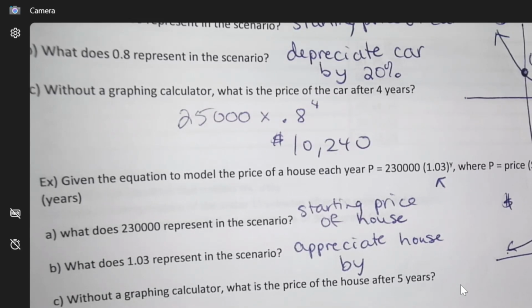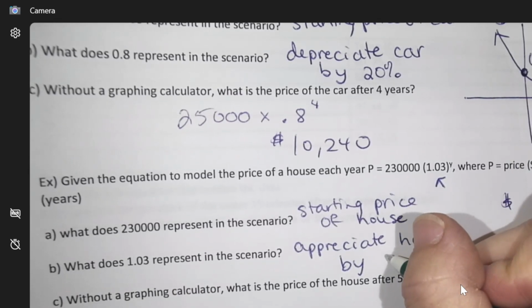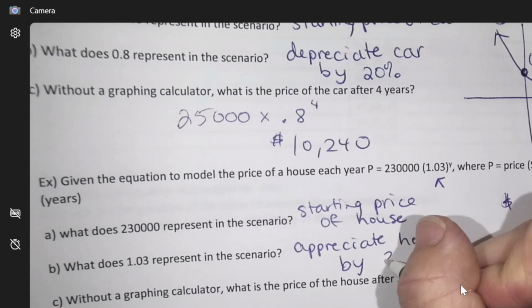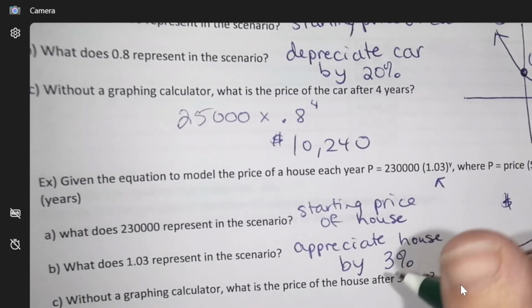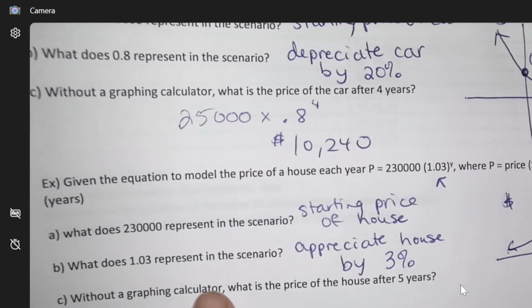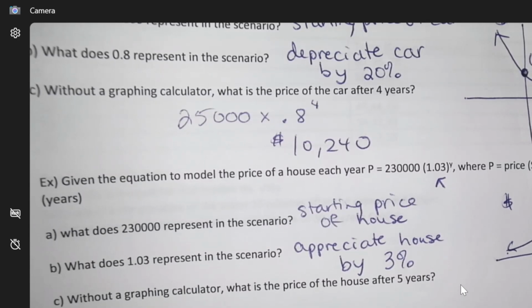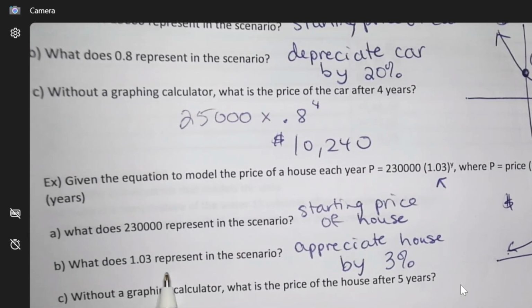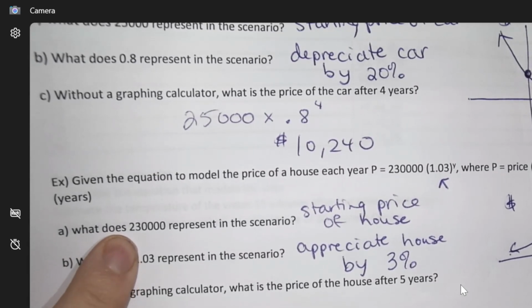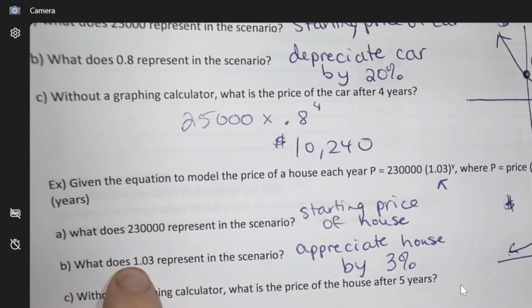So how much have I appreciated? 1, 10, 30. 3. How much am I over 100%? I'm 3% over. Do you see that? That's 1.03. So this 0.03 is 3% over the 100.